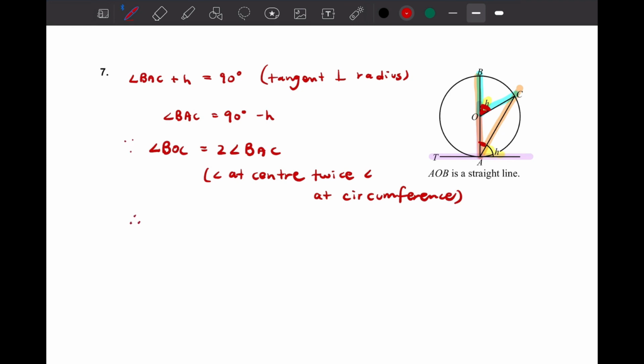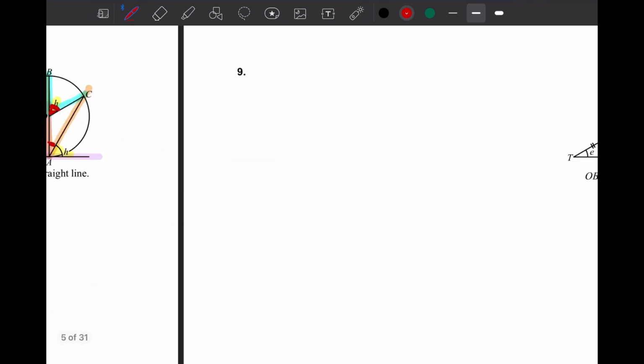And then BOC, because of this, you can say that BOC is actually H, and then 2 of the BAC, so 90 degrees minus H. And therefore, you can see H will be your only unknown here. So H, you can therefore find it as 60 degrees. So always remember, things inside a circle, you can use whatever you have learned so far.